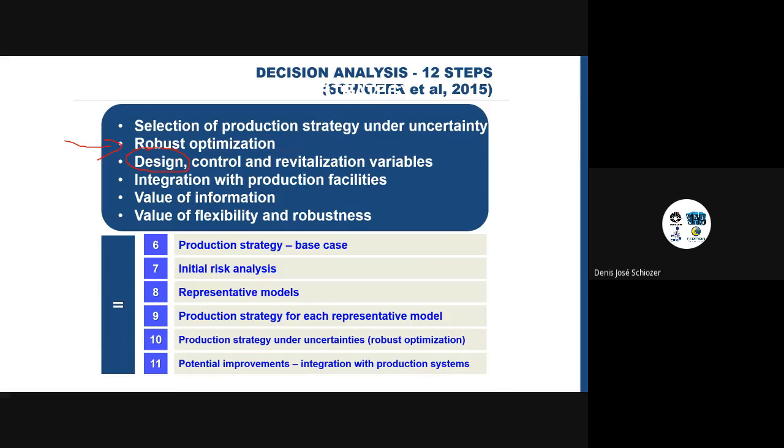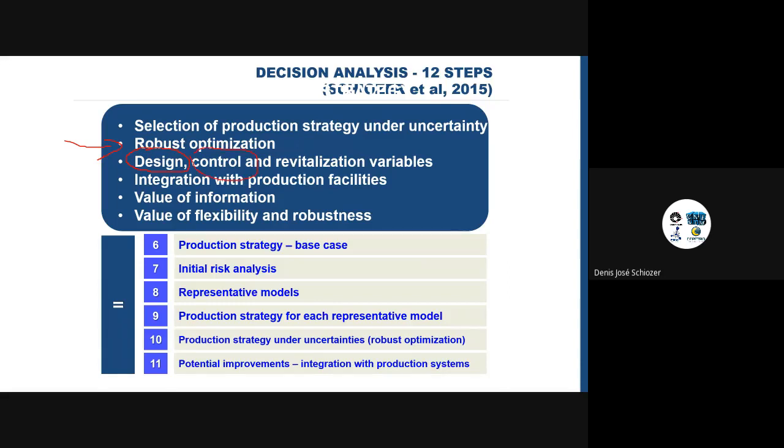And of course, these types of variables are very important for green fields, fields that are in the phase of appraisal or development, and they are not so important for fields that already have a production strategy and so on.